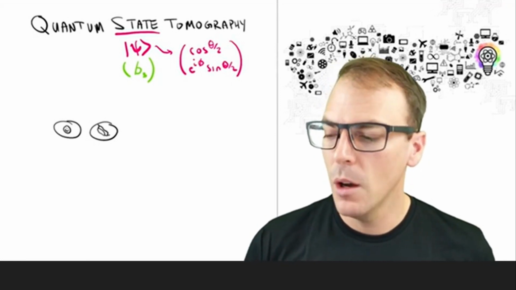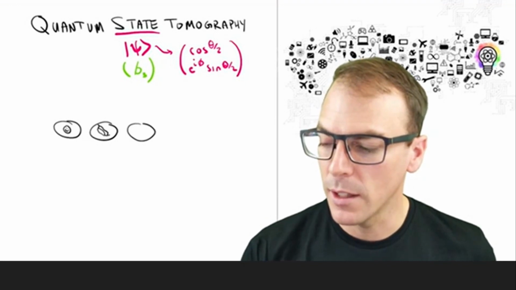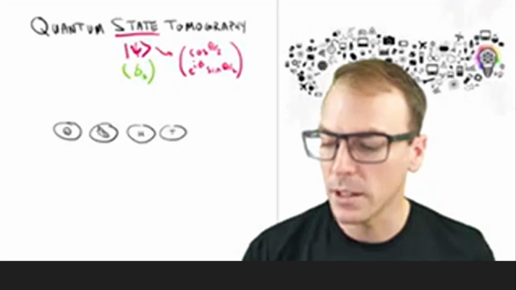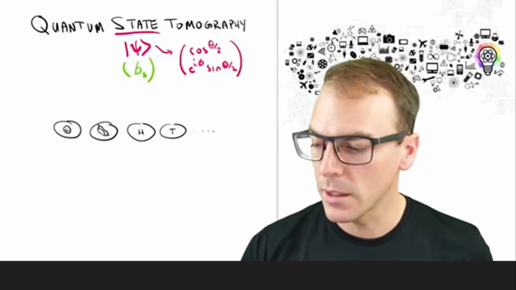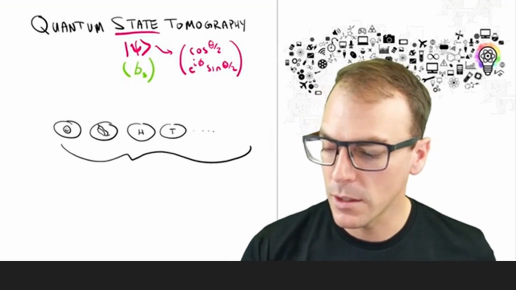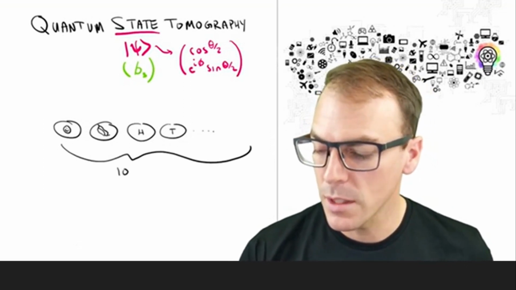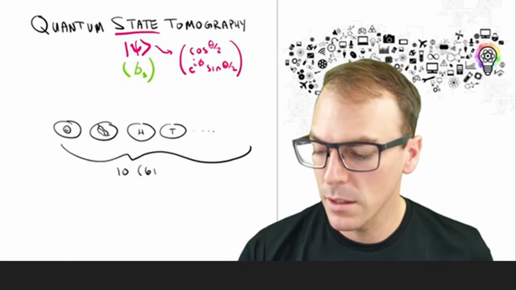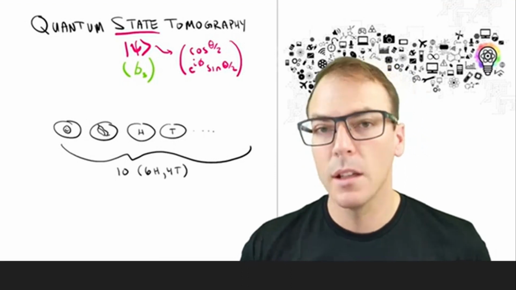So how do I determine what the bias of the coin is so I know what odds to accept in a bet? Well, I start flipping it, and here I've flipped heads and then tails and then heads and then tails again, and so on and so forth. And say I flipped it 10 times, and out of those 10 times, I saw 6 heads and 4 tails.